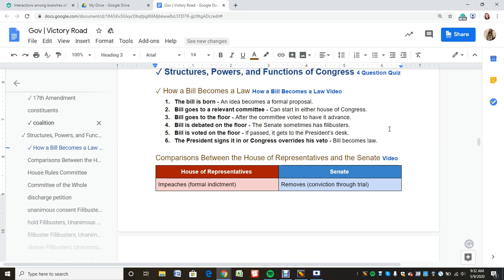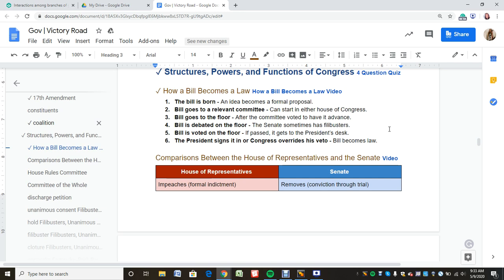When the bill is introduced, it is sent to the Speaker of the House. The Speaker will review the bill and decide which committee it is supposed to go to. The committee can either decide to table the bill and not do anything with it, or they can send it to the floor.